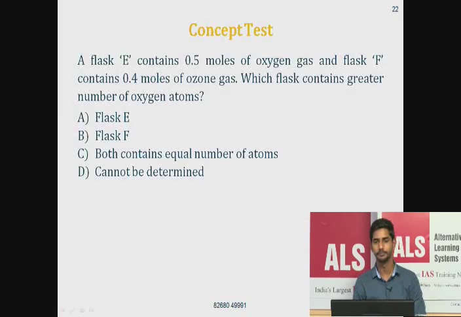Next question. Do it very carefully. Guys, ozone gas has formula O3. Oxygen has formula O2. Check out the question. Tell me the answer. What can be the possible answer for the given question?